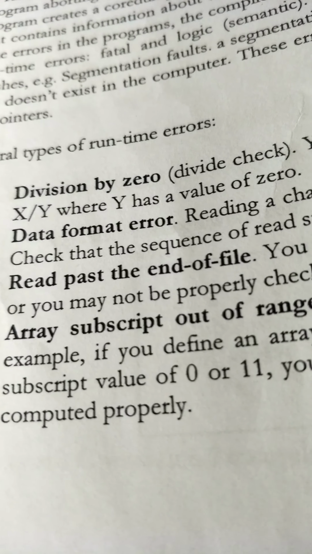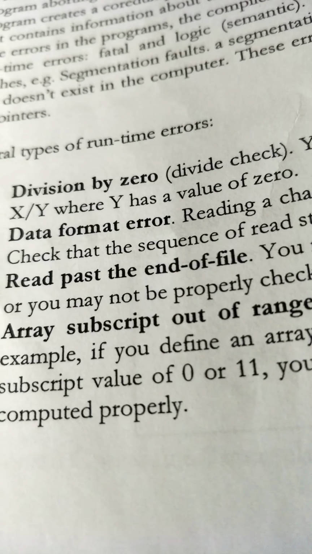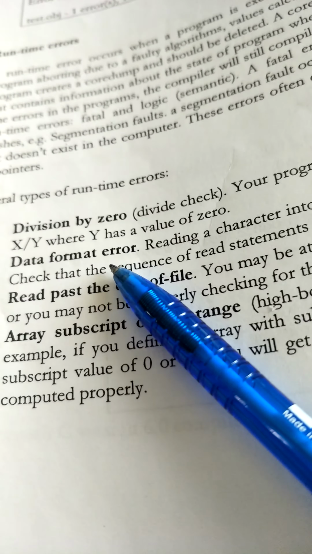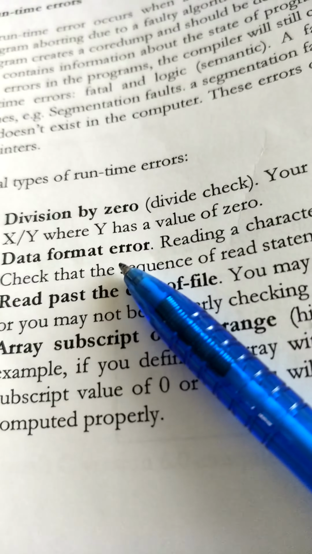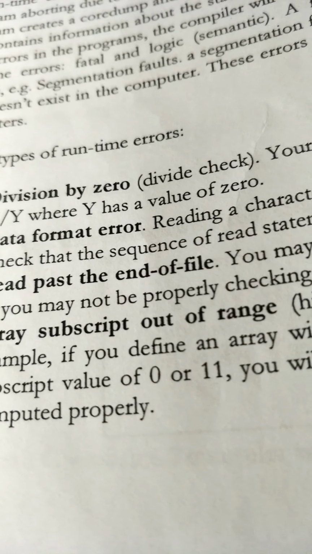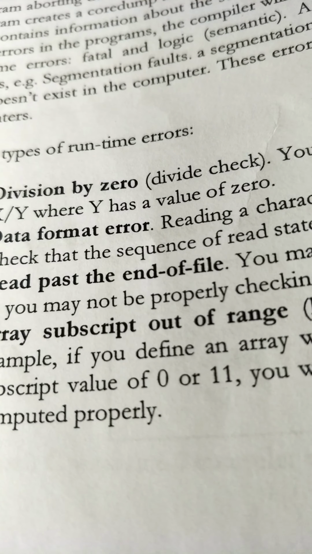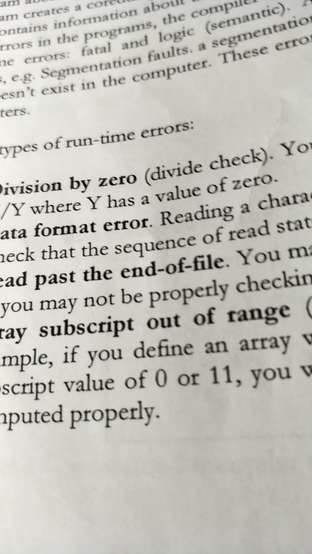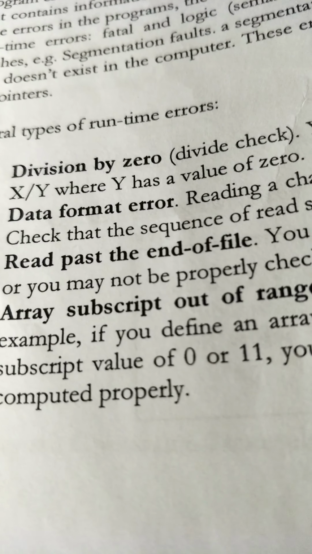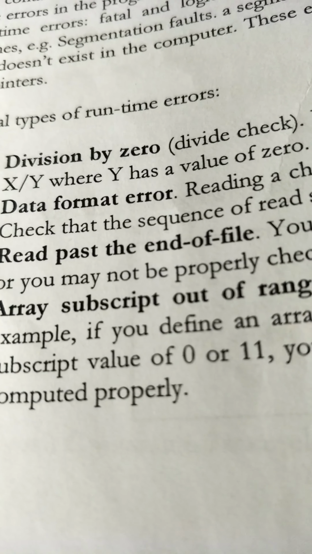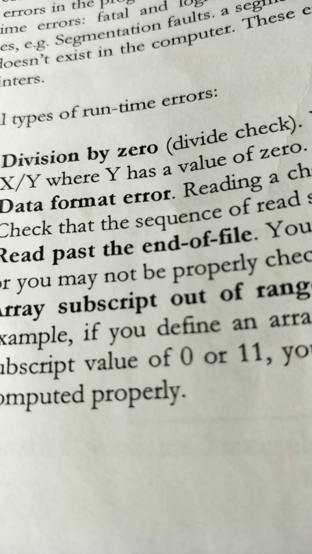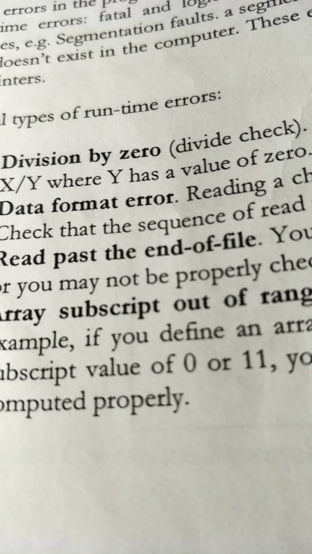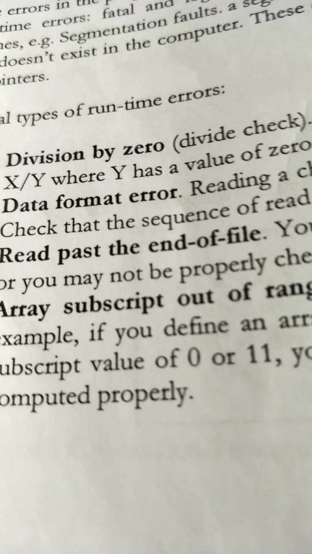And next is data format error. Data format error is normally when we deal with arrays, or for example we define a character but we give the value of a constant, an integer or float. Sometimes that gives an error. Or you define an integer but you give the value as a float, and vice versa.